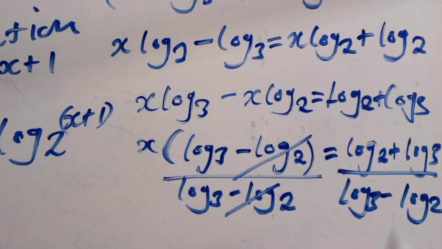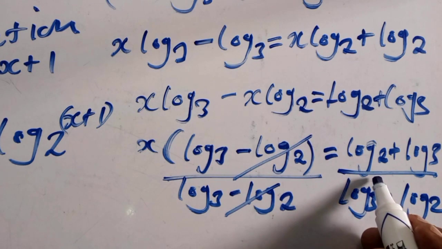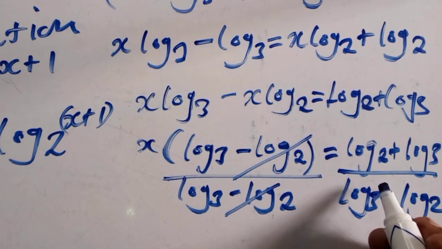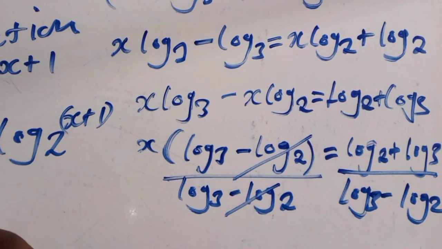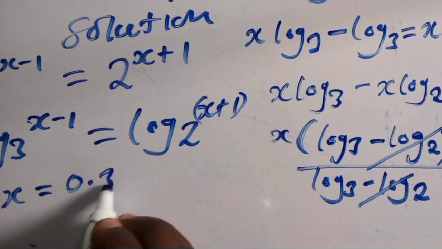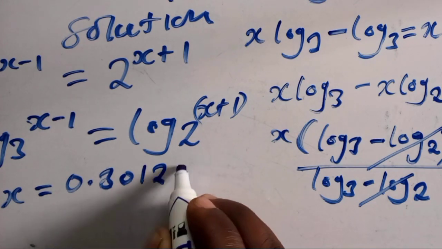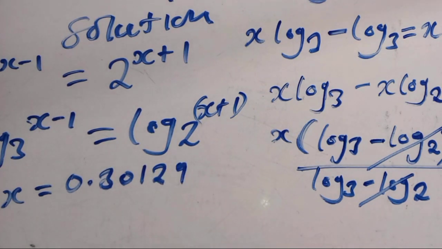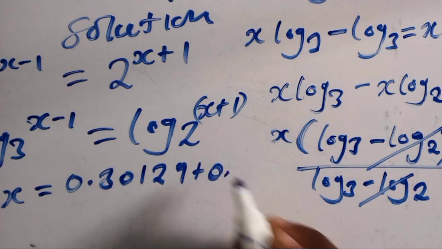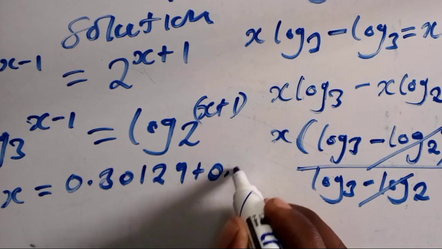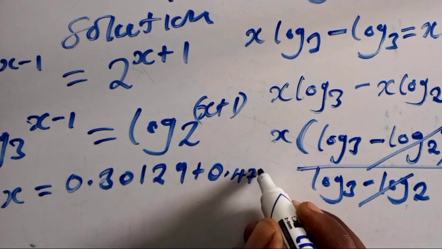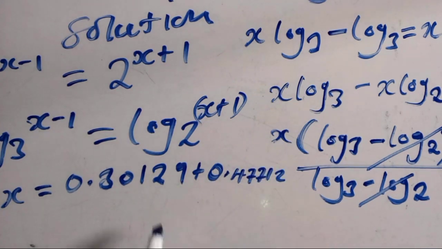if you punch on calculator log 2, the value which you are going to get is 0.30129 plus, then when you punch log 3, the value which you are going to get is 0.47712.